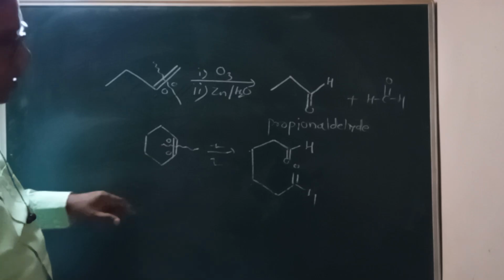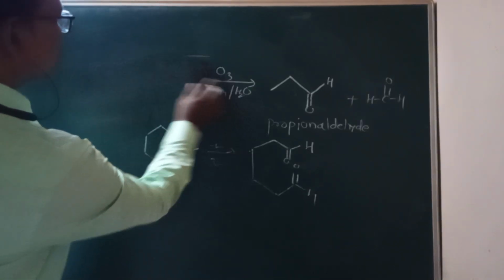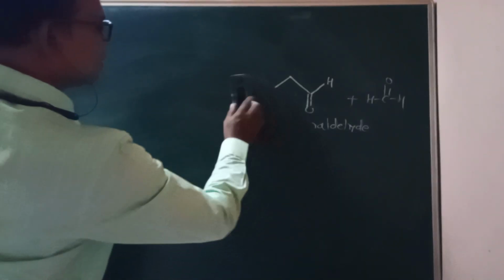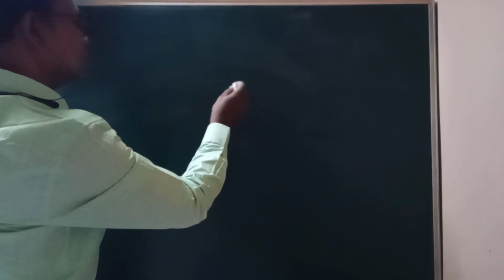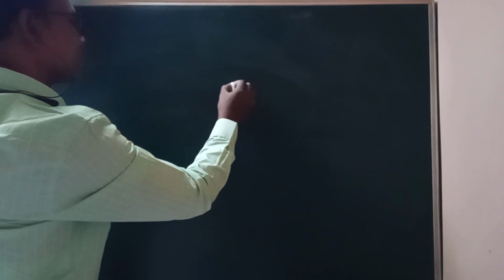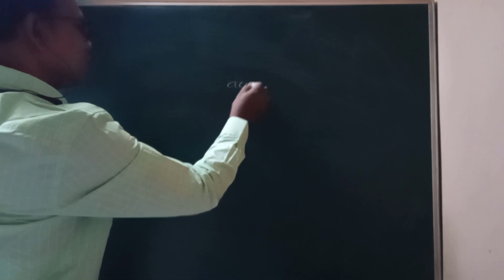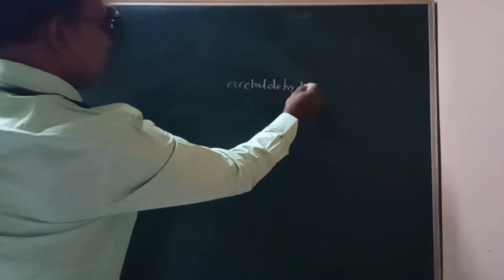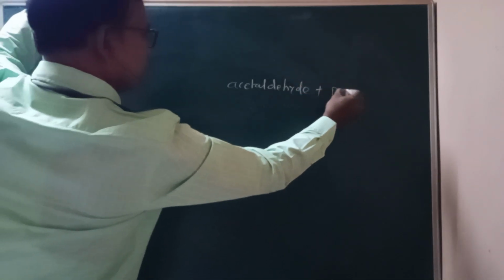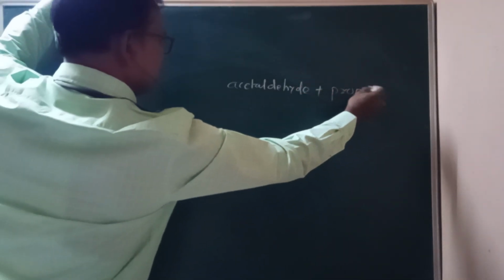Ready? Yes. Now suppose I ask you a question like: an alkene on ozonolysis gives a mixture of acetaldehyde and propionaldehyde.